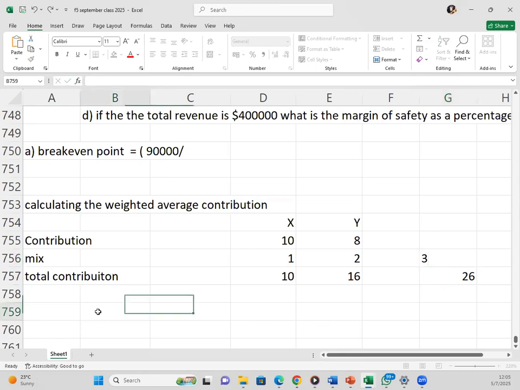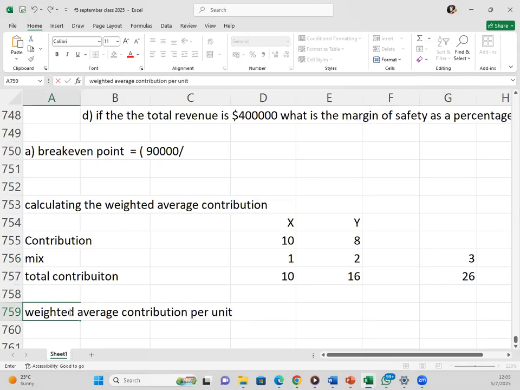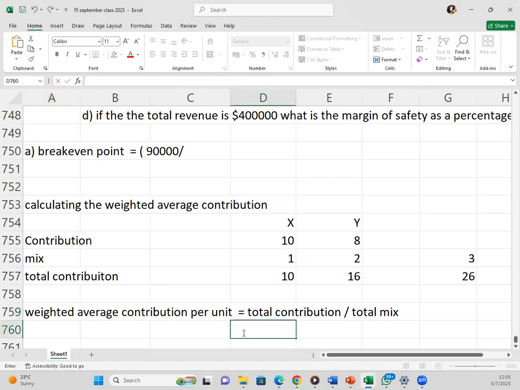So the weighted average contribution, you say the total contribution over mix, total mix. Total contribution over total mix.